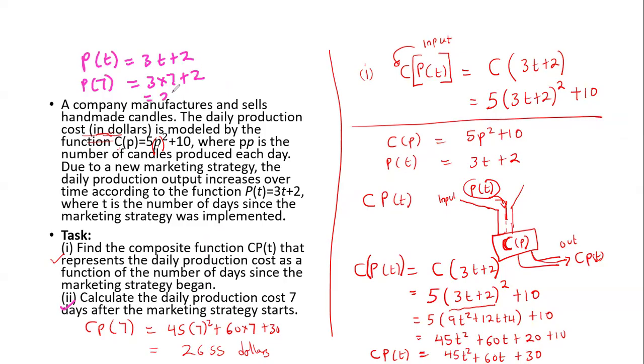So this will give us 21 plus 2, which is 23. Now, after getting 23, to get the cost, you say my C of 23 will equal 5 times 23 squared plus 10. So still, you get $2,655. That would have been the other alternative if they had not told us to use the composite function.